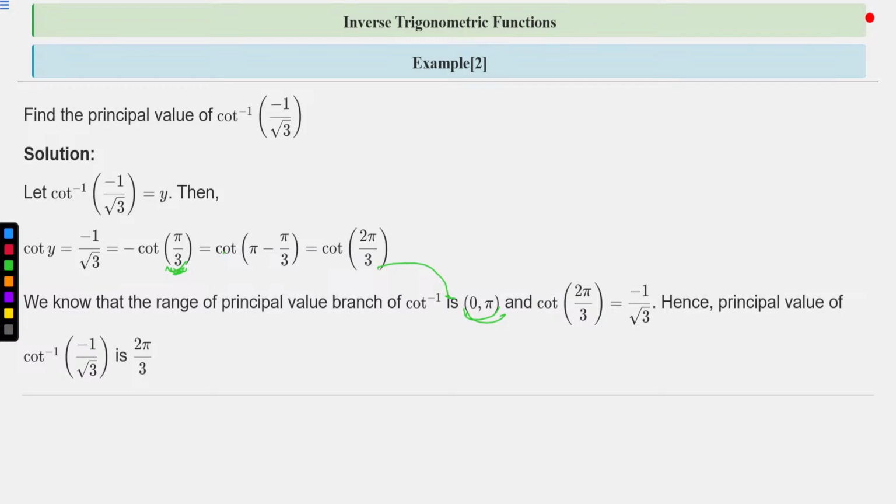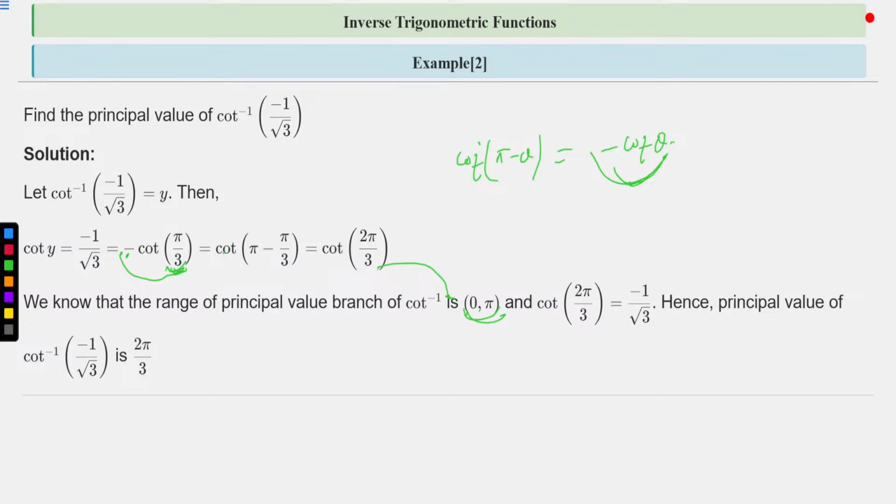See, it is minus cot pi by 3, right? So you cannot compare cot y and minus cot y. To remove this minus sign, we use the fact that cot of pi minus theta is minus cot theta. Cot of pi minus theta is minus cot theta.